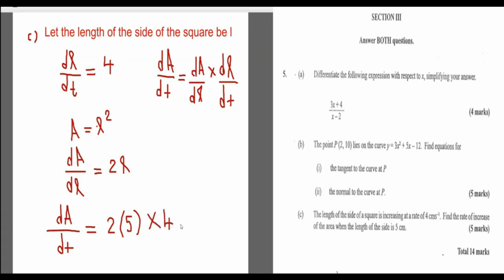So 2 times 5 is 10, 10 times 4 is 40, and so dA by dt is 40.